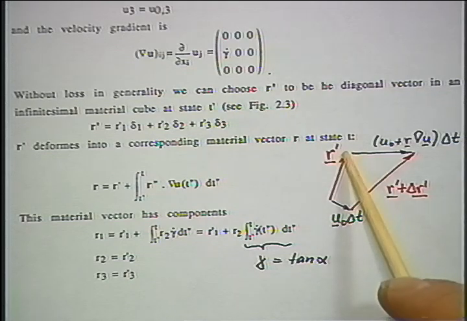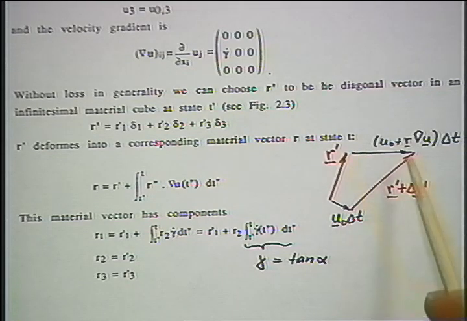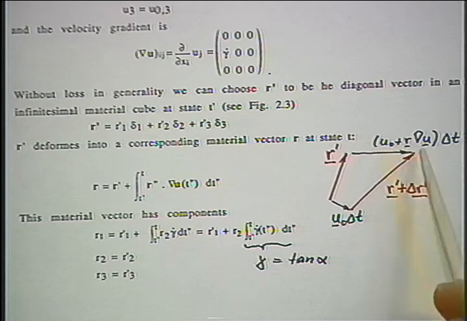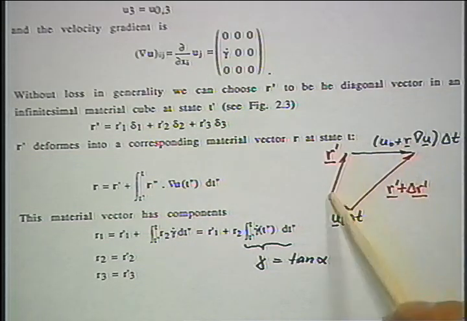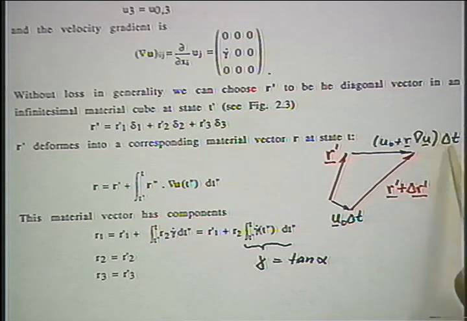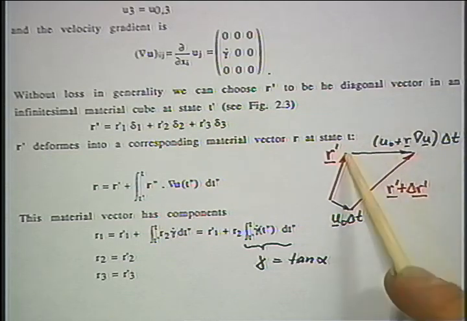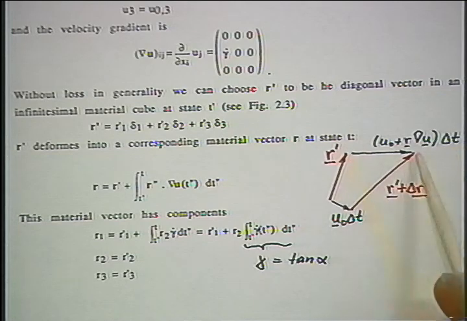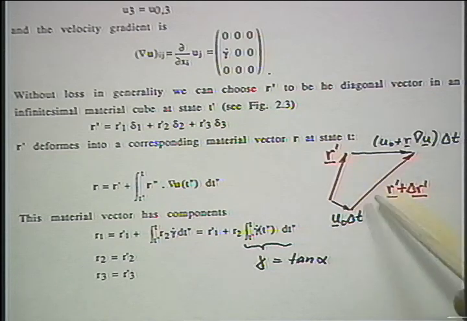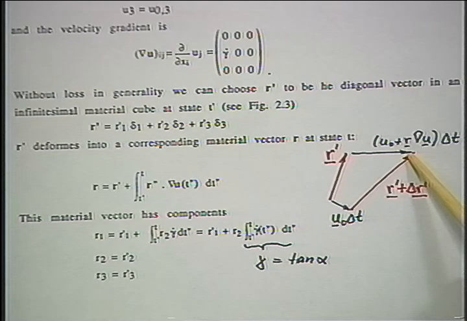The top of this material vector moves at the velocity u0 plus the velocity gradient times the distance. If we take this velocity of the top multiplied with delta t, we come to the new position after some time delta t. So our R prime vector will be transferred into R prime plus delta R prime after an increment of time, like this.